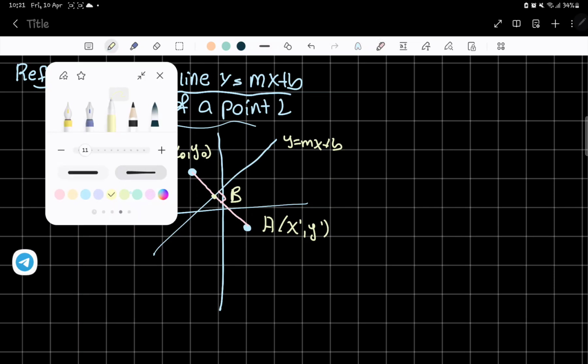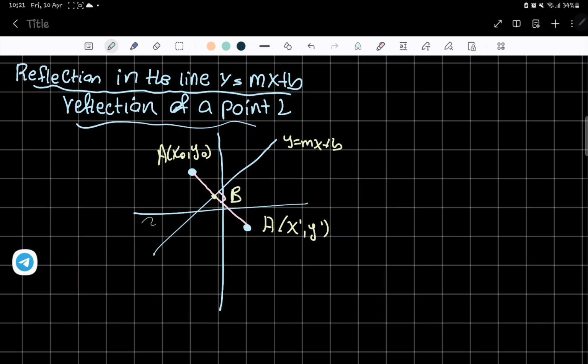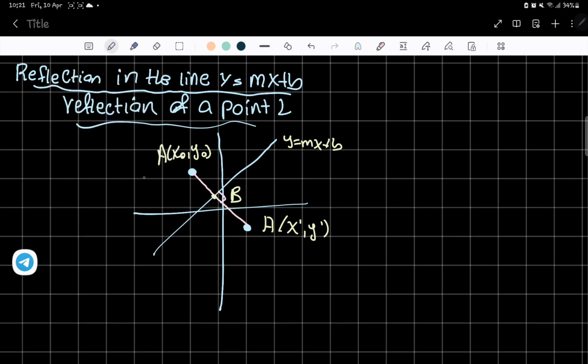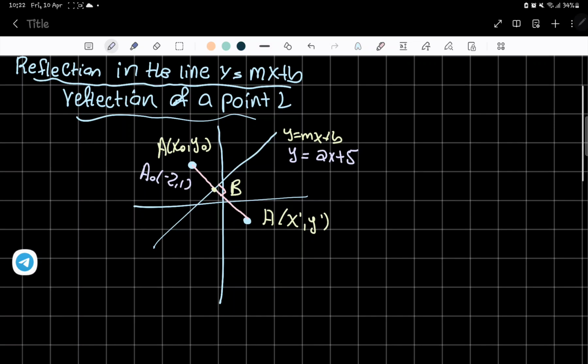In this example, let A naught equal -2, 1, and let the line of reflection equal 2x plus 5. This is our worked example.